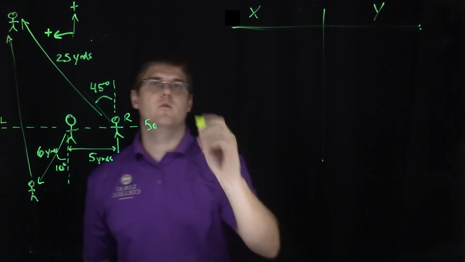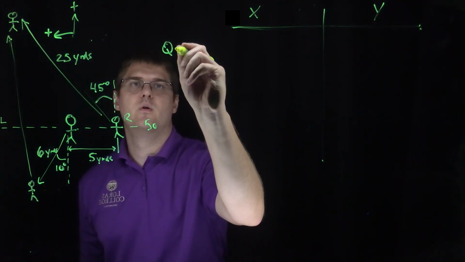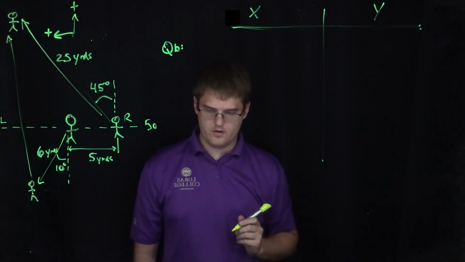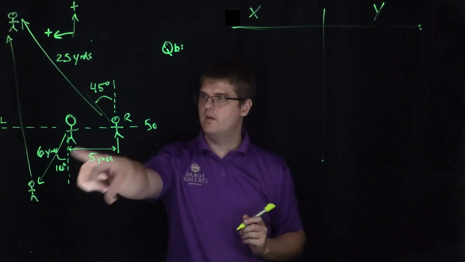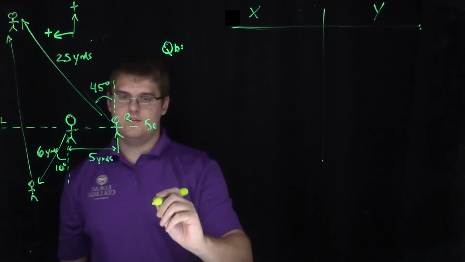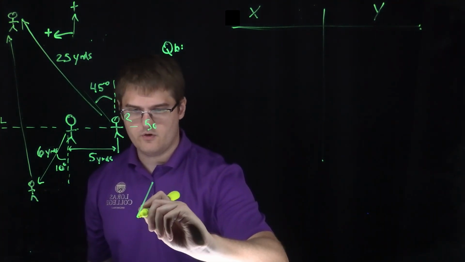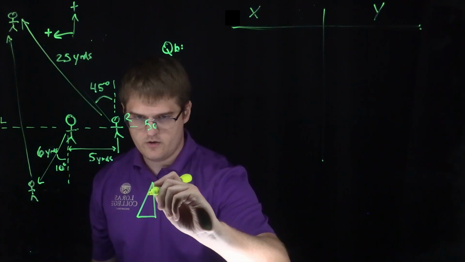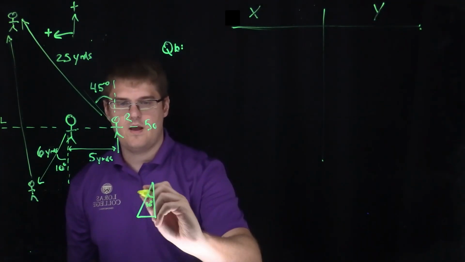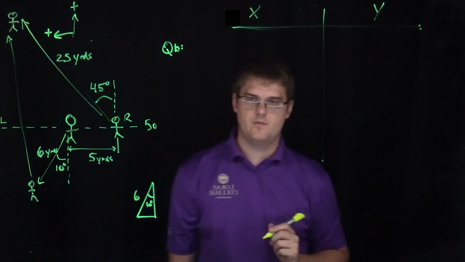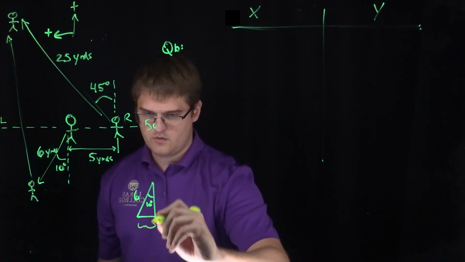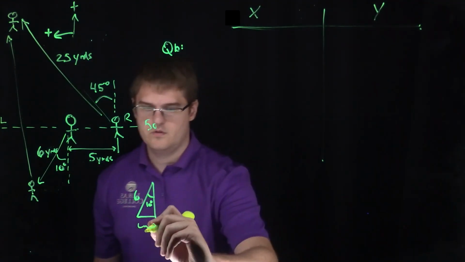Okay, so quarterback movement. Quarterback, he is going 6 yards in this direction. What is that in the x? We are going to have to always just draw our little triangle here. We've got 10 degrees right there, and we have 6 yards right here. So in the x, this is the x.